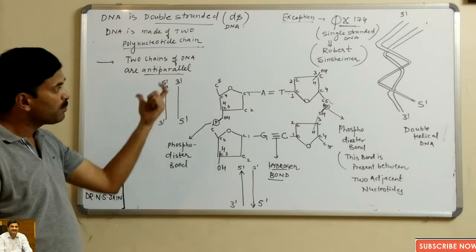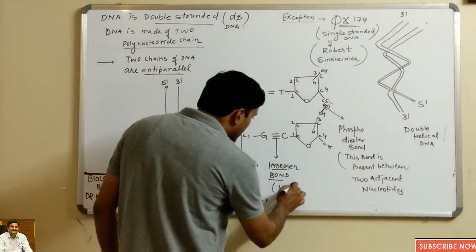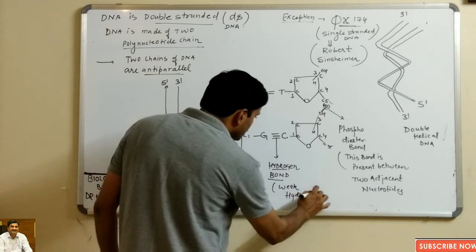Hydrogen bonds. The two polynucleotide chains are held together by weak hydrogen bonds. These hydrogen bonds are very weak.